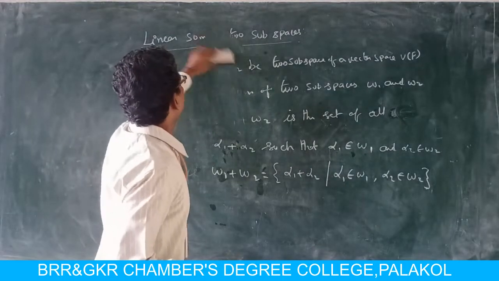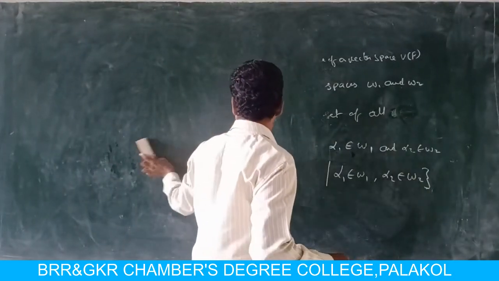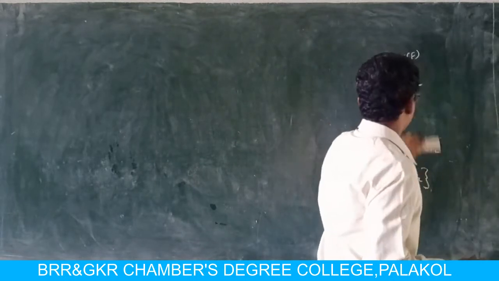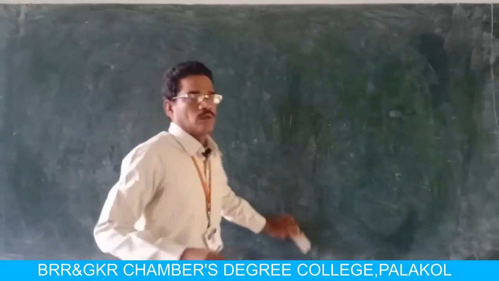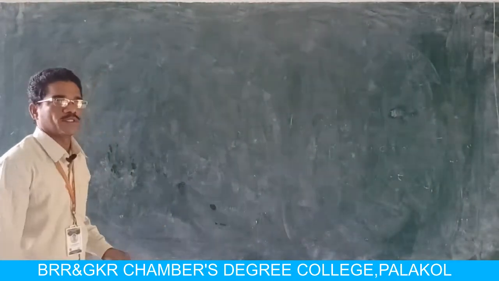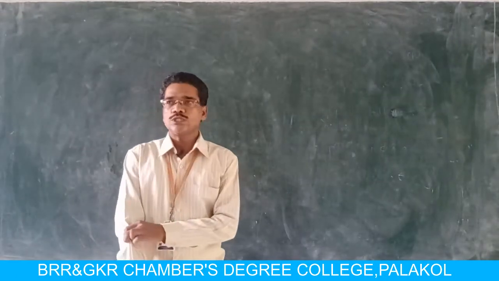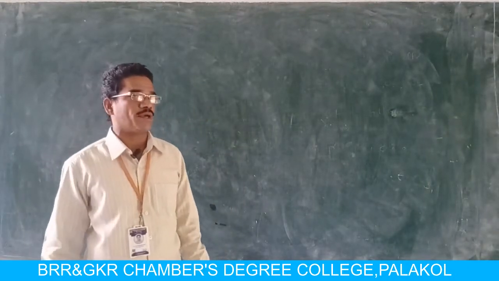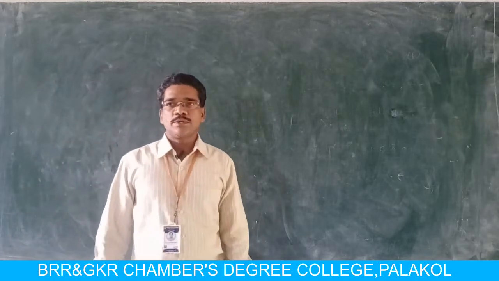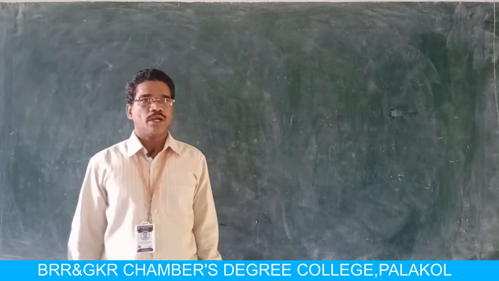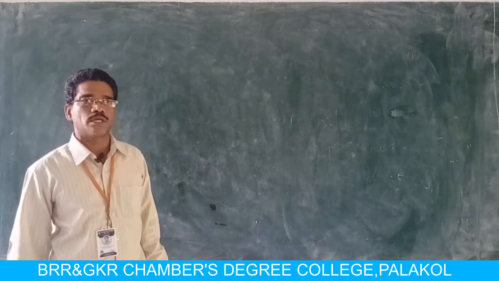Now, a theorem based on this linear sum of two subspaces. Suppose W1 and W2 are any two subspaces of a vector space V of F. Then W1 plus W2 is a subspace of V of F, and W1 is a subset of W1 plus W2 and W2 is a subset of W1 plus W2.